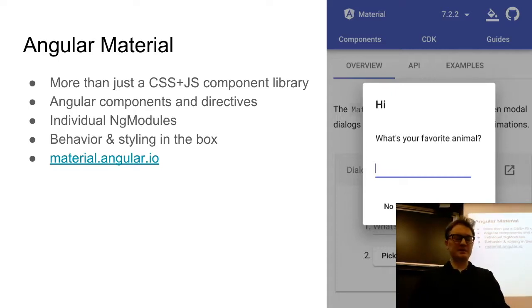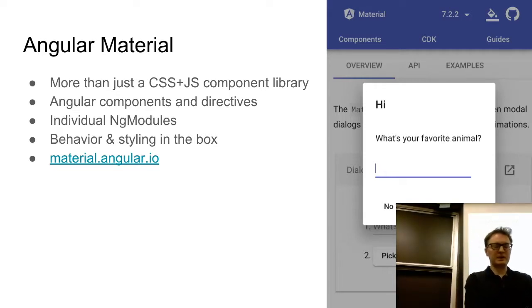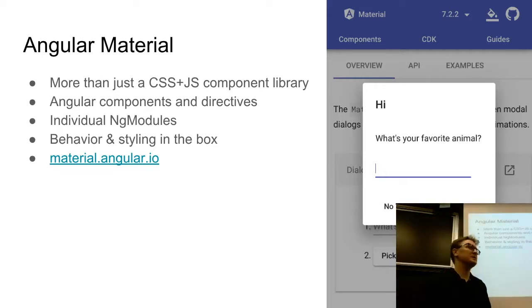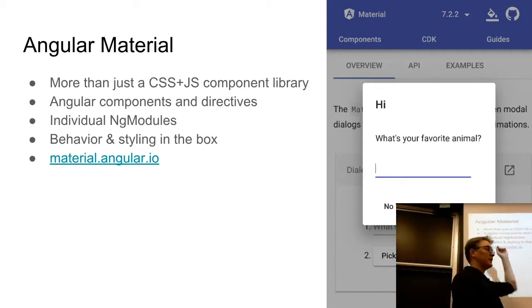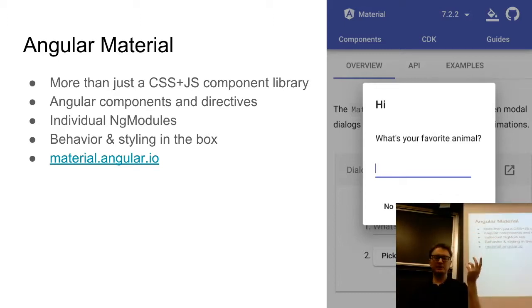But because things like Angular Material are targeting Angular, written in Angular, you can bring in Angular directives and just apply them to your components or your elements. And you can also bring in Angular components themselves from the library. Each feature of Angular Material you can bring in with an individual NgModule, so that way you don't have to bring in the whole library in order to use it. So it just reduces your bundle sizes a bit.